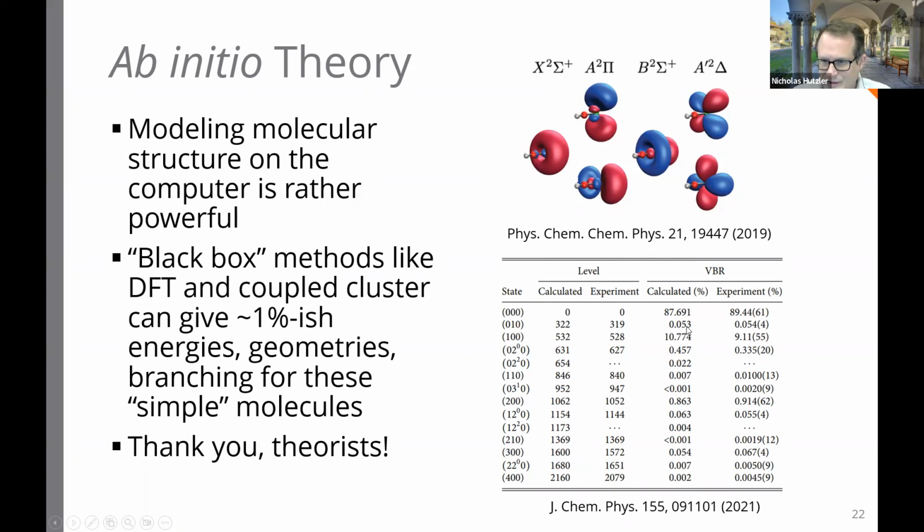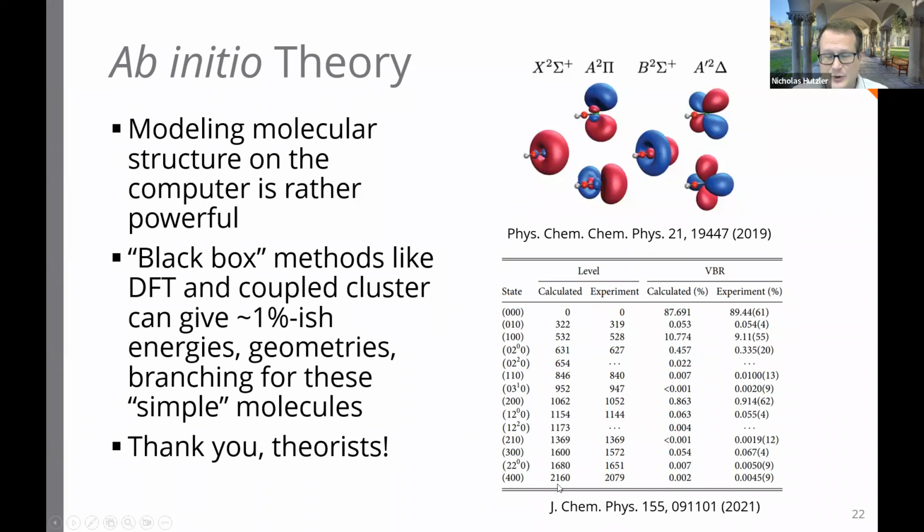As you can see, there's percent-level agreement between them, which is actually quite good. And in fact, black box methods, by which I mean things that don't require a lot of user input and are therefore easy to use, like DFT or coupled cluster, can give you 1% accuracy on things like energies, geometries and branching.